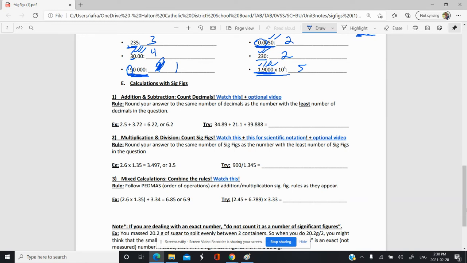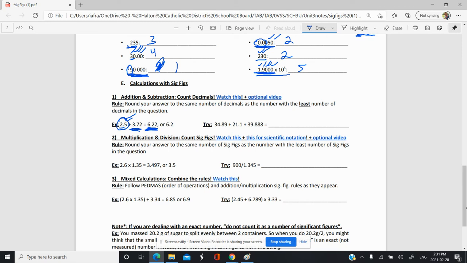So for example, if I look here, I have 2.5 and 3.72. If I do that in my calculator, I get 2.5 plus 3.72, I get 6.22. If I keep it like that, that's a bit of a problem, because notice that for this over here, I only have one decimal place, and my final answer somehow is more precise than my less precise measurement.